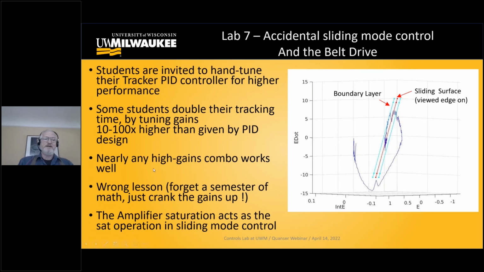And another issue that arises as students would investigate this regime is that nearly any combination of high gain values would work, and furthermore, would work better than the controller design they achieved using root locus techniques in PID controller design.